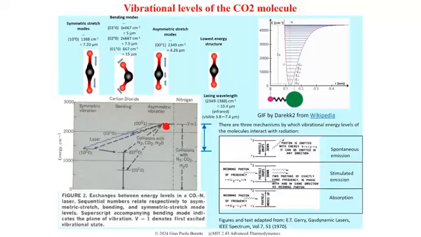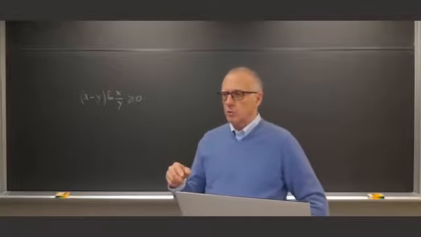So the important thing that happens here is that this vibrational level, which is a high level, up somewhere here, is relatively highly populated in the hot gases before they enter the nozzle, because we are at high temperature. Not only that, that level for CO2 is very close to a similar level for nitrogen molecules.